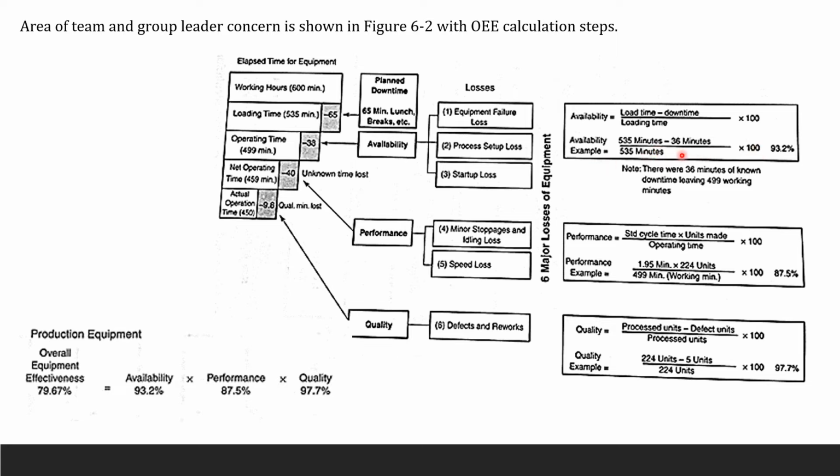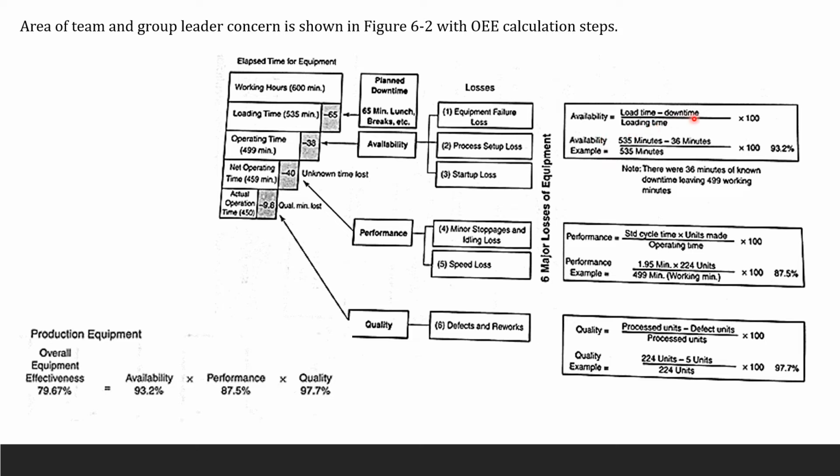Given with some numbers, this is how you calculate availability, performance, and quality. For quality, you subtract the defect units from the process units, then divide by your process units times 100. For performance, you have a standard cycle time and units made divided by your operating time, which gives you your performance.